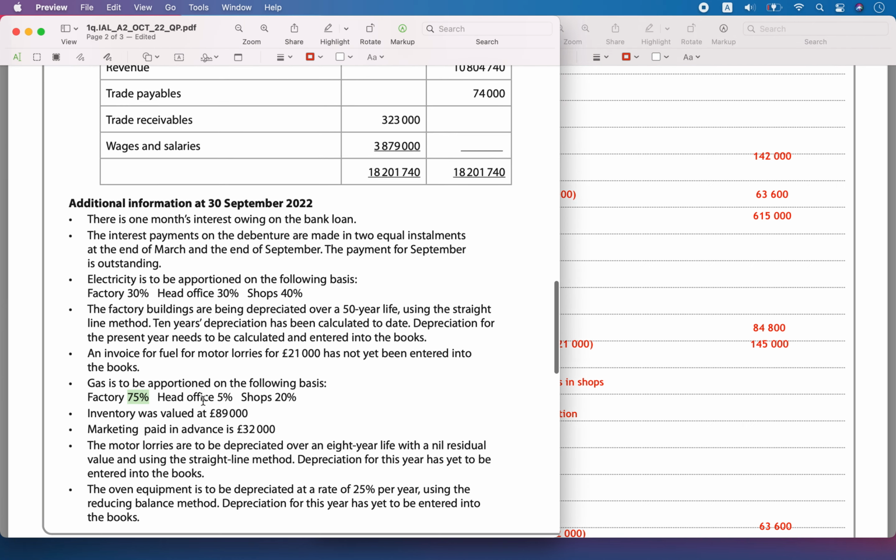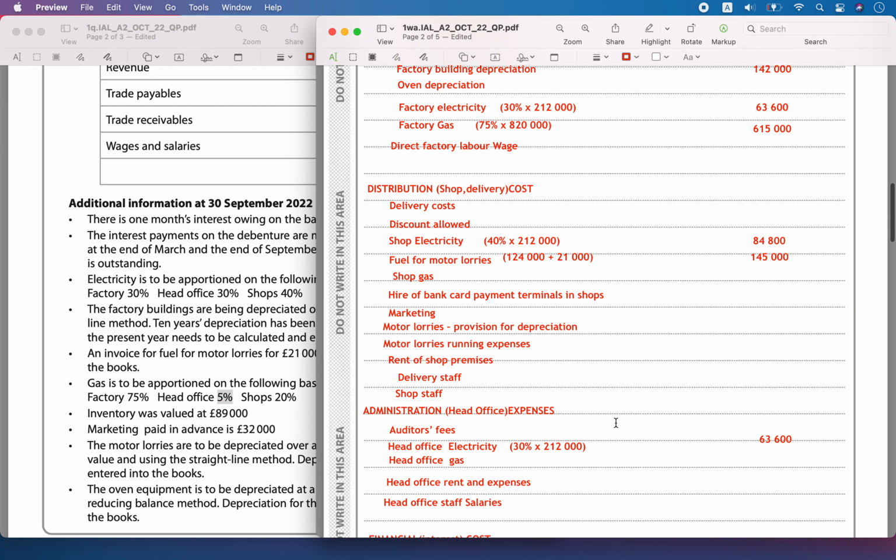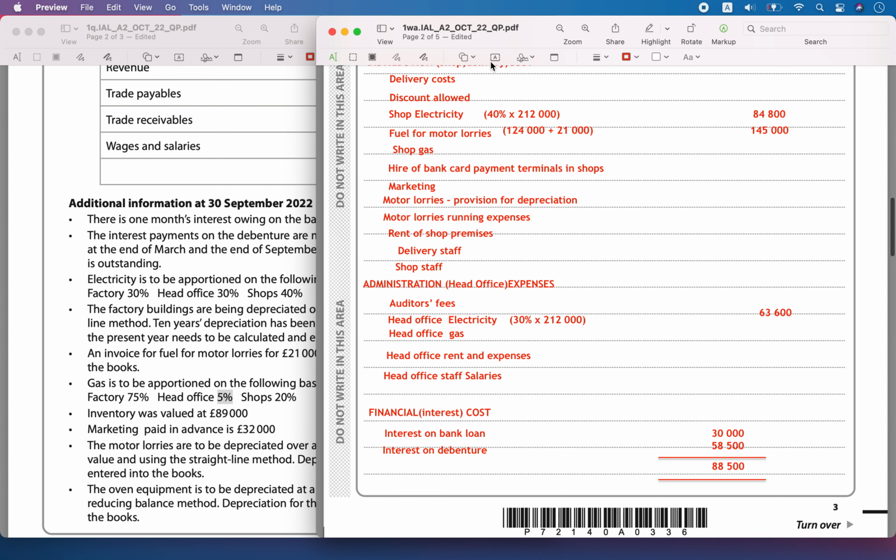Okay. Then it says head office, it is 5%. In the head office also they are using the gas. So that is going to be 5% of 820,000 of the total expenses. So that is going to be equal to 41,000.